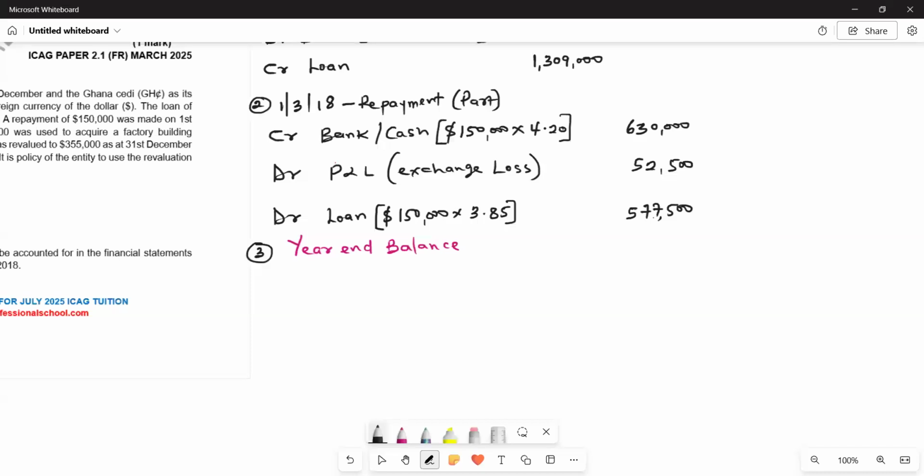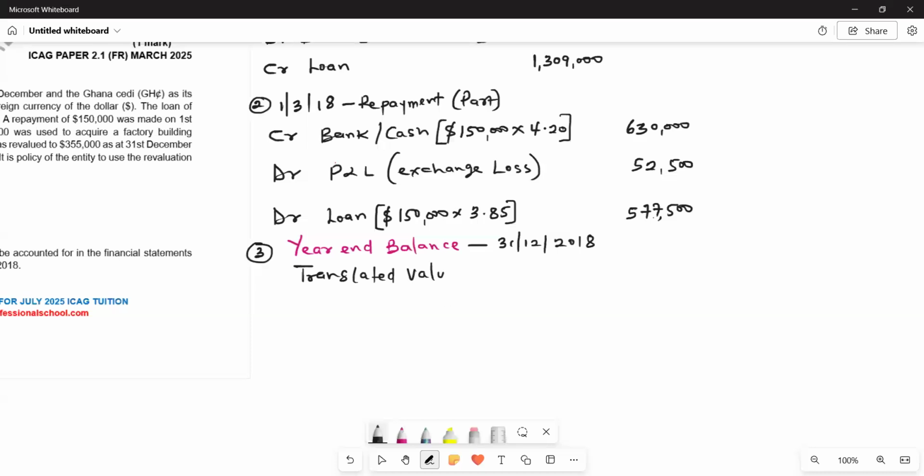What is the year-end balance? We are looking at the year-end, 31st December 2018. So what's the translated value of the loan?